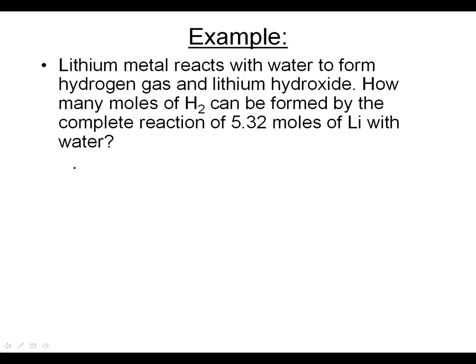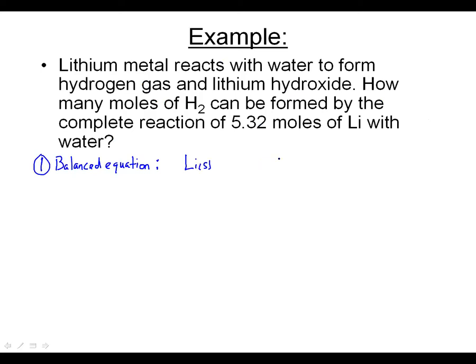So again, following our 4 basic steps for a stoichiometry problem, step number 1 is we need a balanced equation. Now, in this particular problem, they gave us everything in words, so we want to make sure that we turn these words into the correct formulas first. So lithium metal is lithium that does not have a charge. It's just solid by itself.